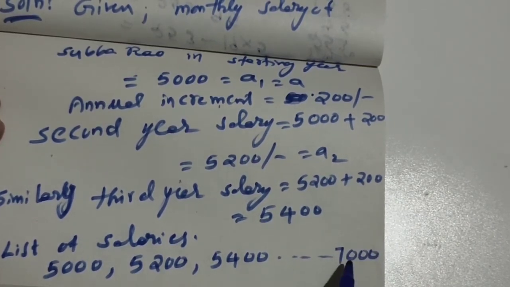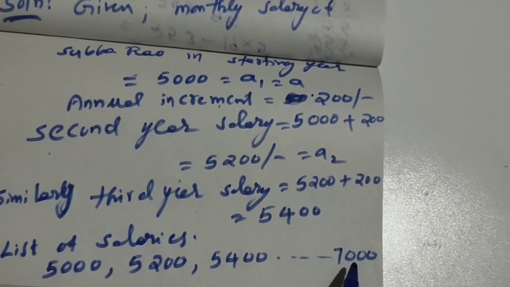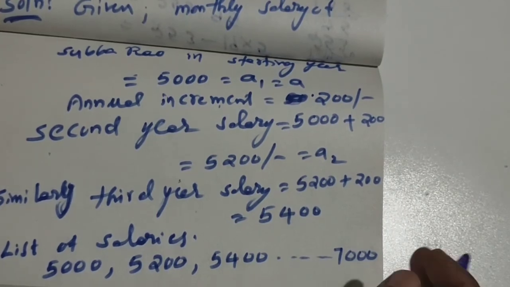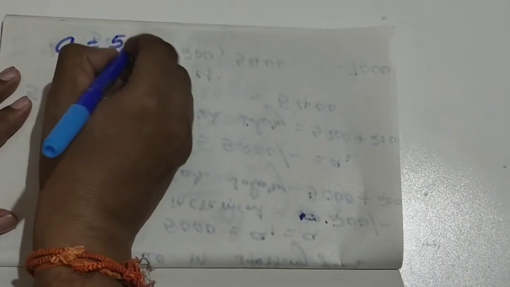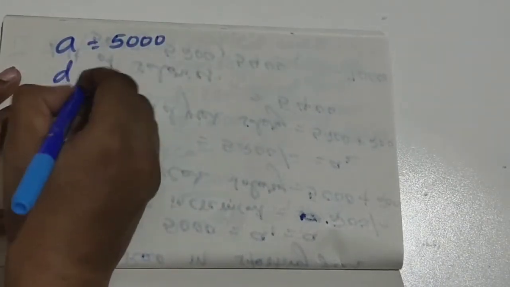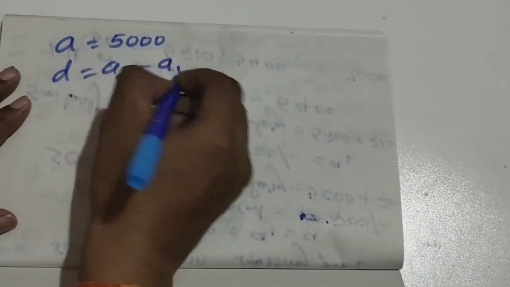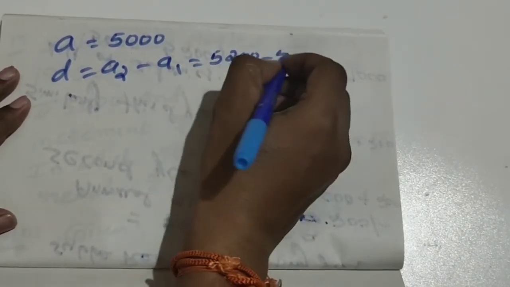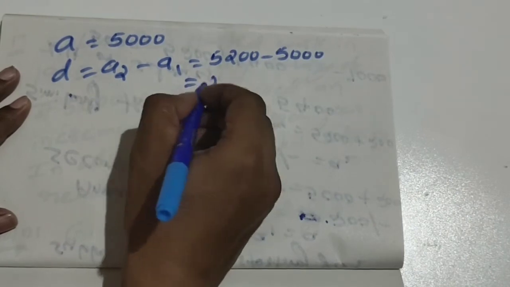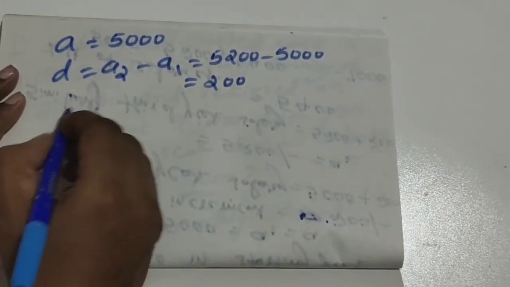Okay, so that means he got 7,000 salary for a particular year. So we have to find that year number. Okay, now to get that one again we need the An formula. So here A is equal to 5,000, D is A2 minus A1, simply 5,200 minus 5,000, simply 200, or you can write directly 200 also.